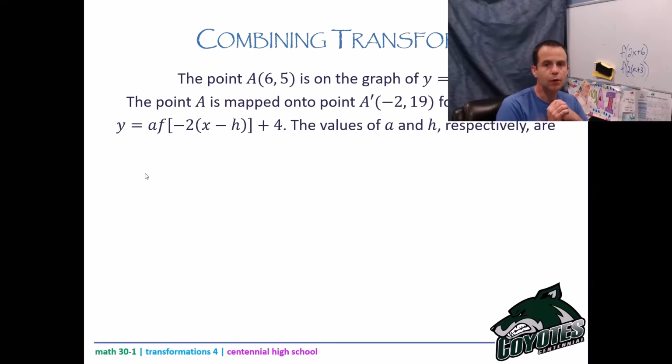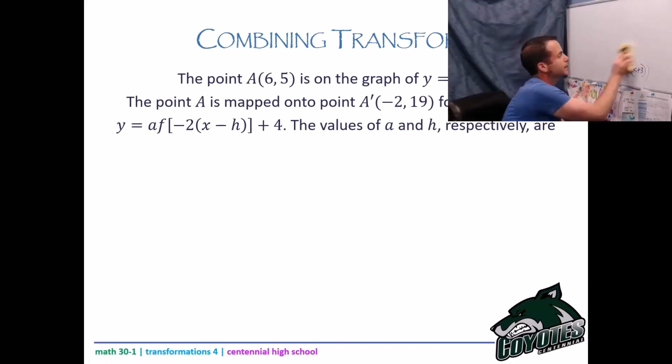Okay? Well, what happens is we have to think, okay, what have I done to a? Or, sorry, a involves the y. So what have I done to the y? I'm going to have to take 5, multiply it by my stretch, which is a, and add 4 to it. Okay, so that just becomes a cute little equation.